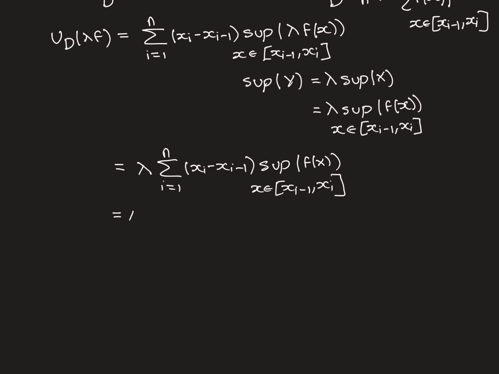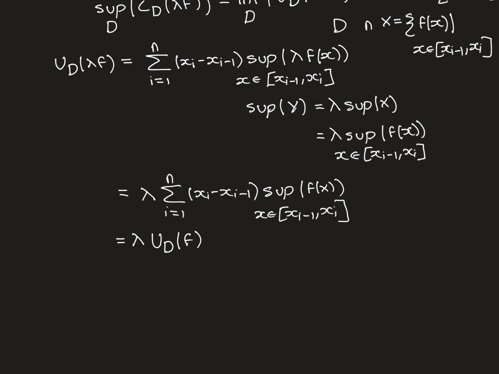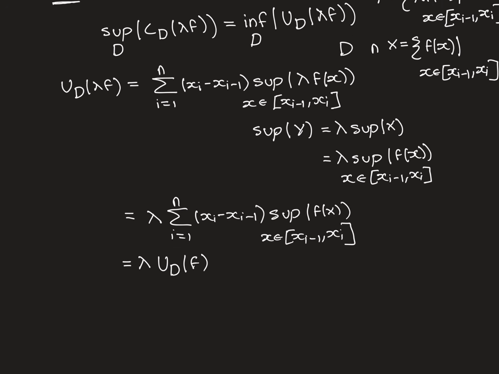So this is equal to lambda times the upper Riemann sum over the dissection D of the function f. So there we have it, a beautiful result: the upper Riemann sum over any dissection of the function lambda f is just equal to lambda times the upper Riemann sum over that dissection of the function f. And of course, the similar thing holds true for the lower Riemann sum.